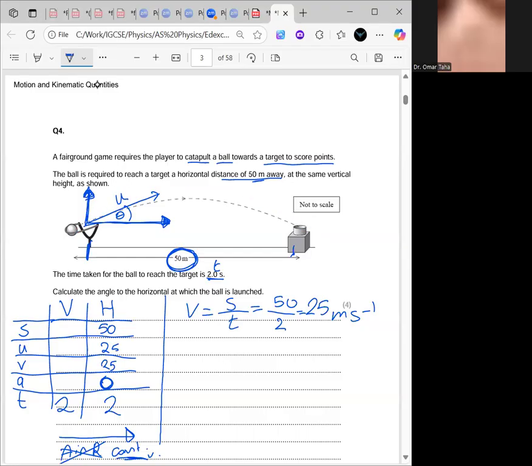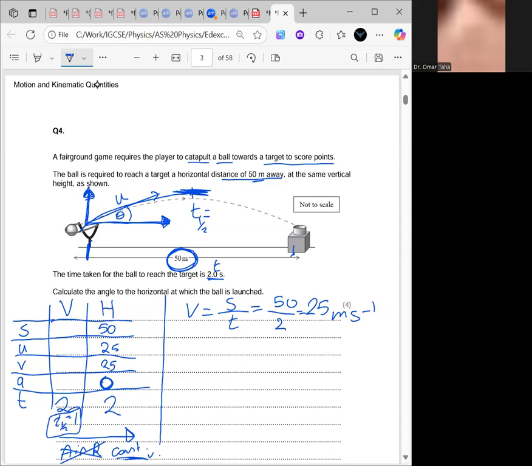So what about the time to reach this point? The time to reach this point is going to be half of it. Let's say that this is t half, which is to reach the maximum height in the vertical dimension. The t half is going to be 1 in this case, isn't it?